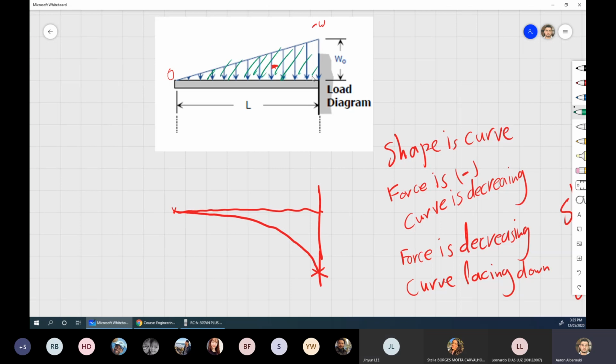The area of the curve before equals the maximum value of the curve after, because we are integrating. So if we integrate this shape, we have the value there of WL on 2. And obviously that's negative, so it's a negative value.